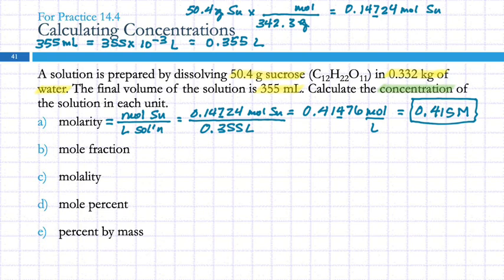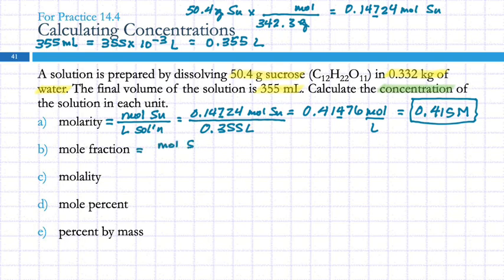This should be kind of old hat because we've been doing things like this. Okay, let's find the mole fraction. What does mole fraction mean? It'll be the moles of the thing we're interested in. So typically that's the solute. So moles of sucrose, and what do we divide by?